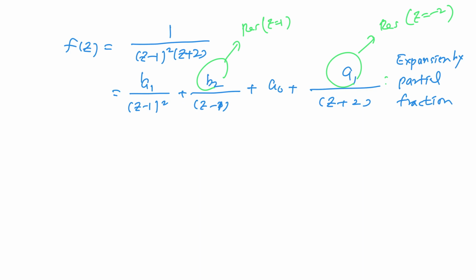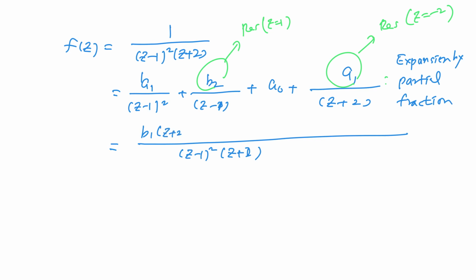So we just put it back. Then the first term is you just have z plus 2, B2, and just for the sake of order, let's change this to B1. I think that goes better.